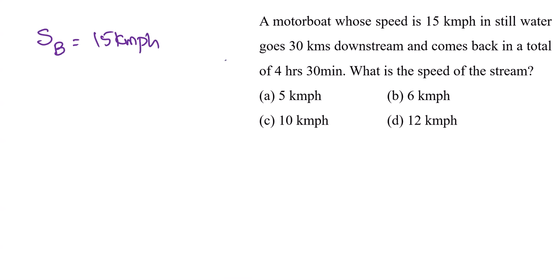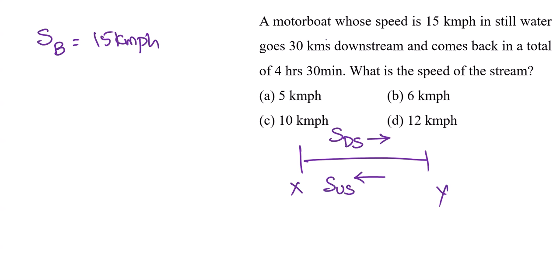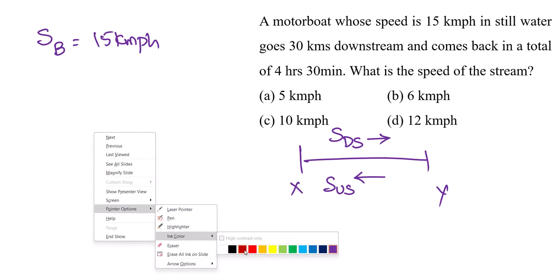It goes 30 kilometers downstream and comes back 30 kilometers upstream in 4 hours 30 minutes. So you are going from X to Y downstream, and the return will obviously be upstream. The distance is clearly given as 30 kilometers. The time taken to do this job is 4 hours 30 minutes.